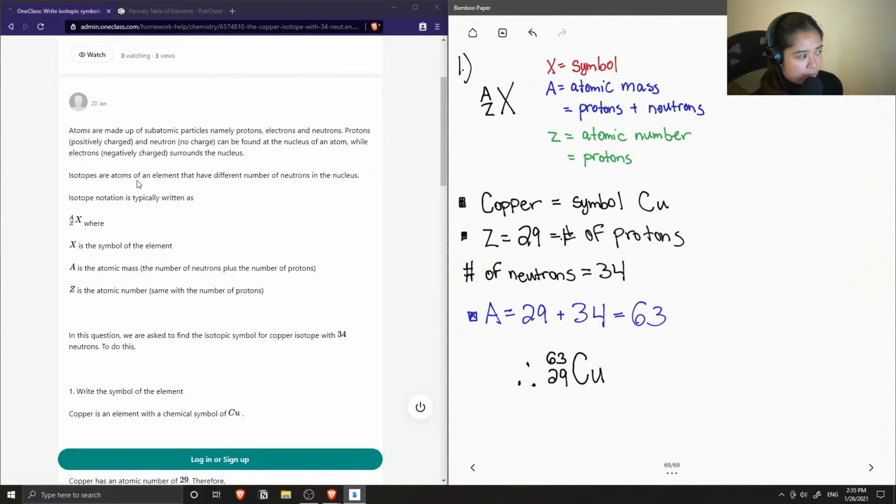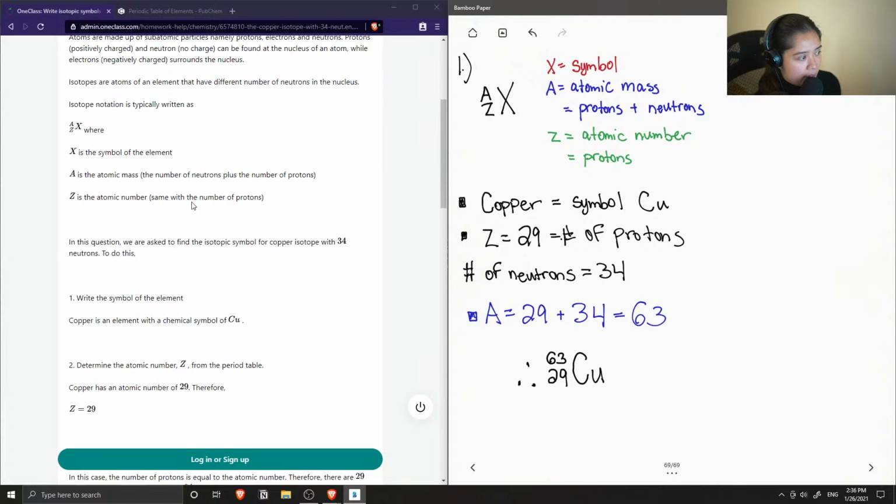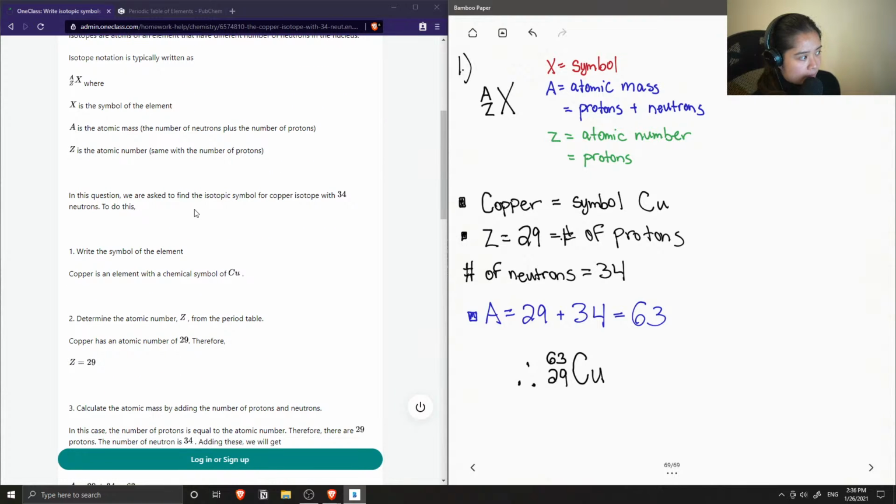Isotopes are atoms of an element that have a different number of neutrons in the nucleus. Isotope notation is typically written as AZX, where X is the symbol of the element, A is the atomic mass, which is the number of neutrons plus the number of protons, and Z is the atomic number, same with the number of protons.